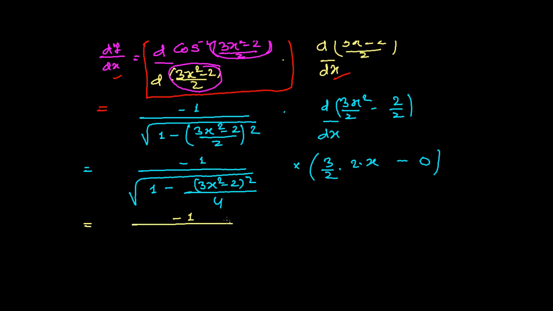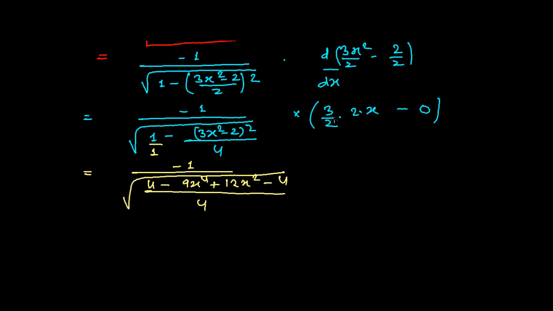Alright, and now in the next stage, it's minus 1, and now it will multiply, so it will be 4 minus, and now let's remove this square using (a minus b) whole squared, so that is 9x to the power 4, and then plus 2ab, that is 3 times 2, so it will be 12x squared, and minus 2 squared, that will be 4, and the whole thing is divided by this 4, because we need to consider 1, so it's 4 now.